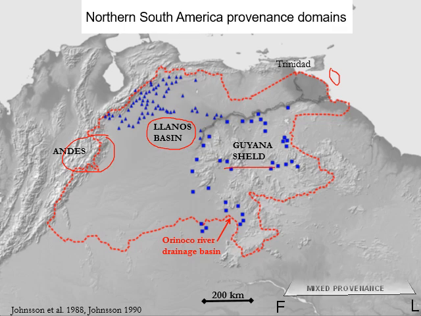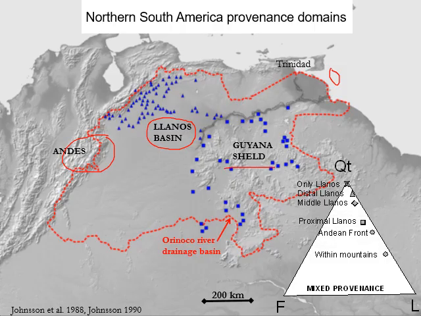What does this look like in terms of a ternary diagram space? So to summarize that, I want to talk about the typical ternary diagram: quartz, feldspar, lithics. Quartz-rich rocks tend to be indicative of, again, very mature provinces, high rates of chemical erosion.